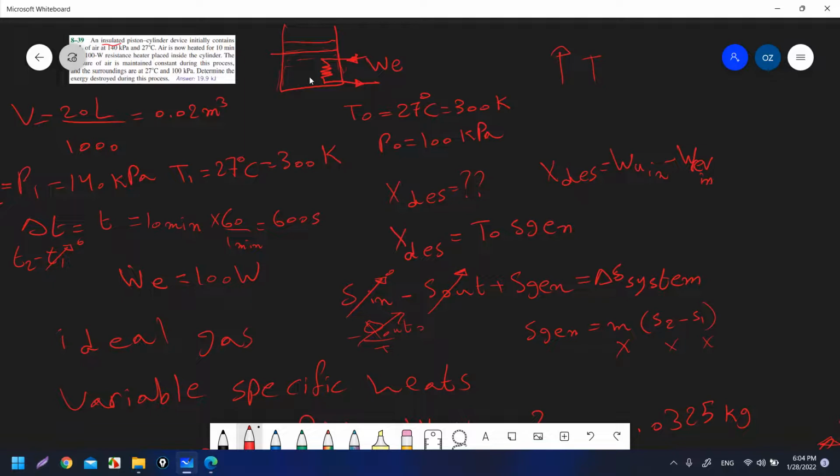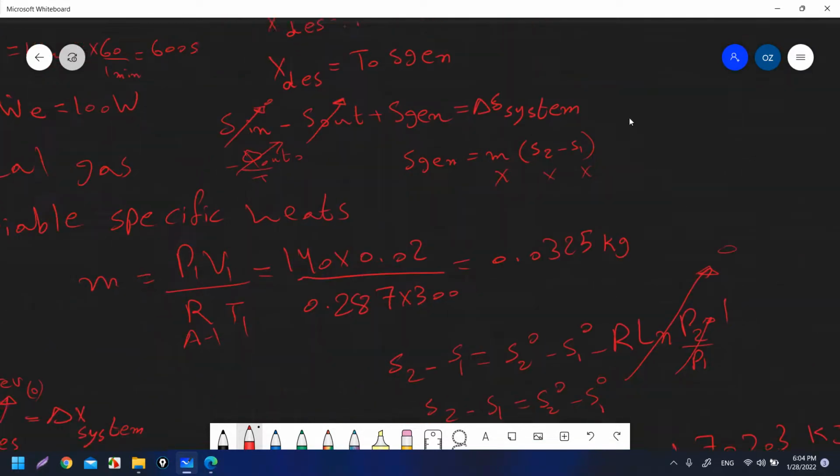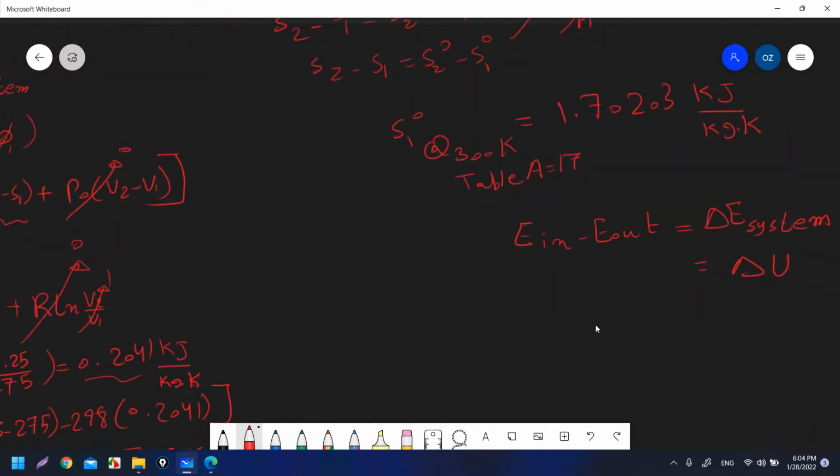So the boundary work will be outside the system, out from the system. So in E out, I will put boundary work out, and in E in, I have the work from the electric heater, W electric in.